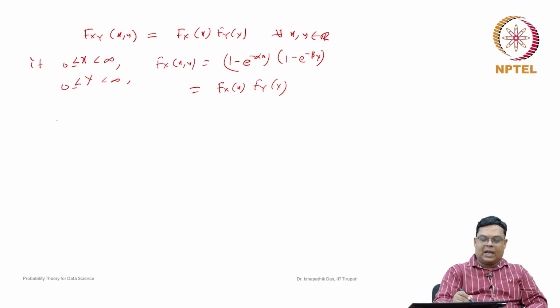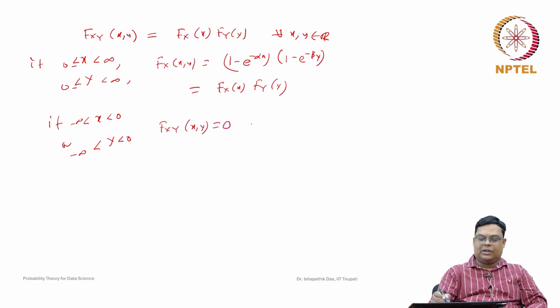Now, for any other cases, the left-hand side will be 0. Suppose x is less than 0, or y is less than 0, then the left-hand side F_XY(x, y) is 0. See, whenever x is less than 0, then F_X(x) will be 0, and if y is less than 0, then F_Y(y) will be 0. So, for any other case, both sides are 0.